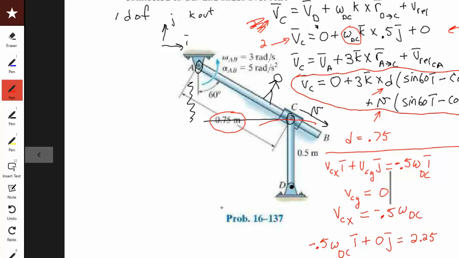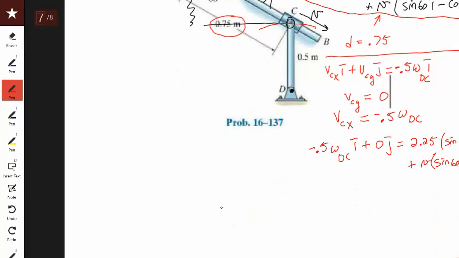Let's see, sine of 60 i minus cosine 60 j. Oops, j. Plus little v sine 60 i minus cosine 60 j. Alright, so let's pull off the i's and the j's.